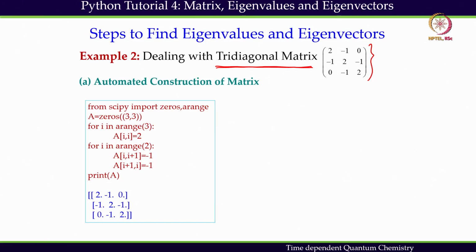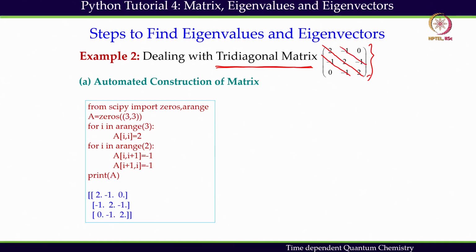Now if you look at the tridiagonal matrix, something is very interesting to note. All diagonal elements are actually 2. Then upper diagonal elements are -1, lower diagonal elements are also -1.